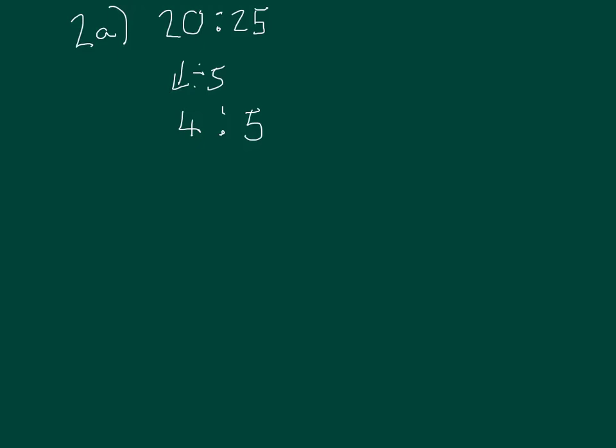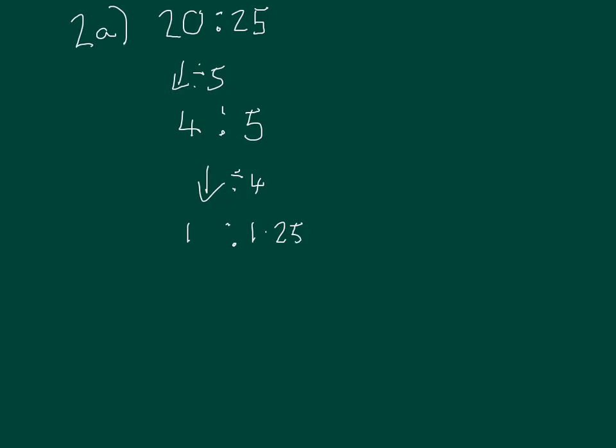We can actually go further and divide and get a decimal. So if I wanted to actually divide by 4, 4 divided by 4 gives me 1. And 5 divided by 4 gives me 1.25, or 1 1/4.